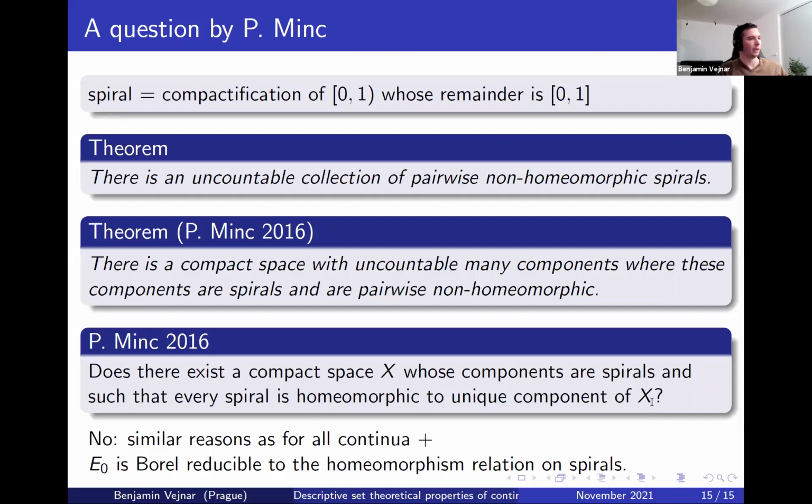If you consider the preceding reasoning, the reduction was using just spirals, so you get that the answer to his question is negative.